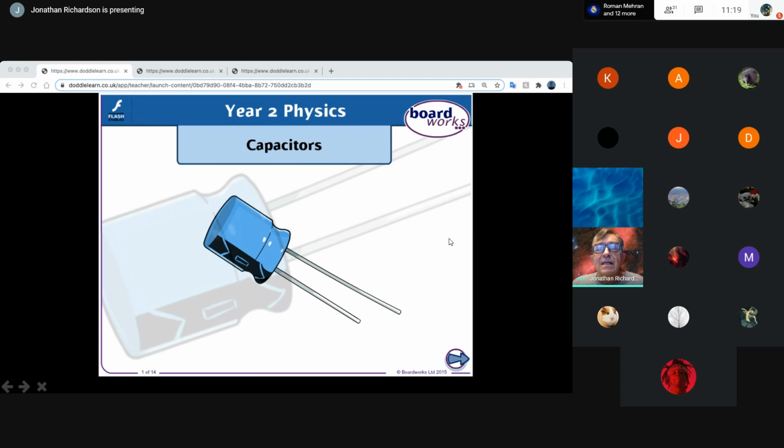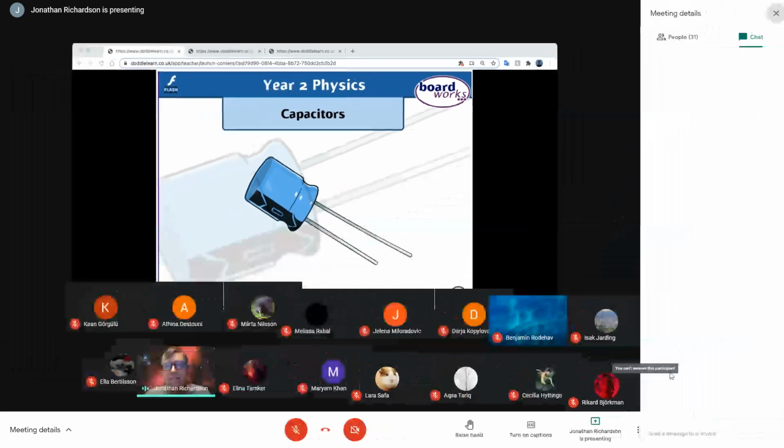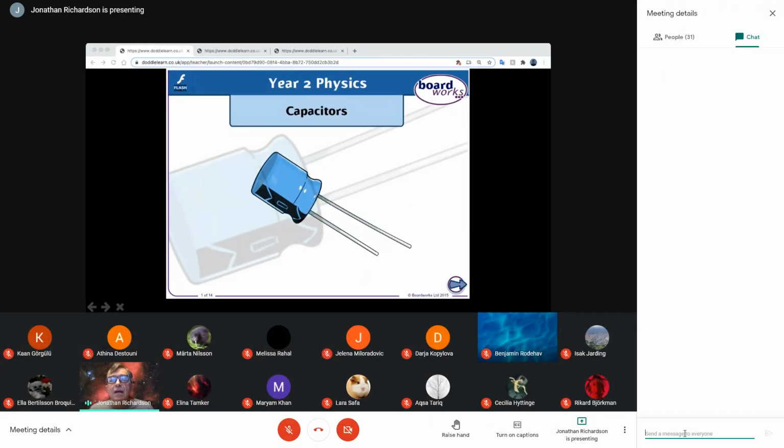So please make sure you've got a pen, paper, ruler, pencil available to help you to then go through the correct data. I do have a copy of that data. I don't think you'll be able to see it just yet on here, which is the set of data I recorded earlier today.